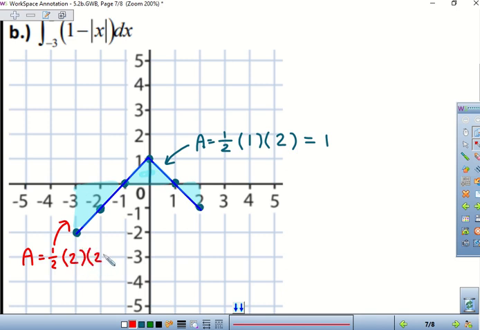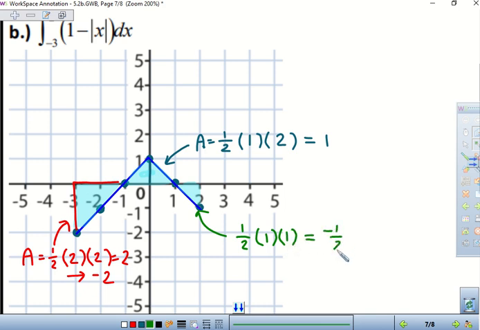The height is 2, but it's not just 2, it's -2, because it's below the axis. What's the area of this one? Not -1, it's -1/2.